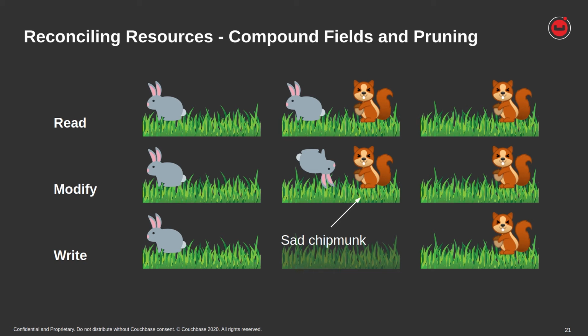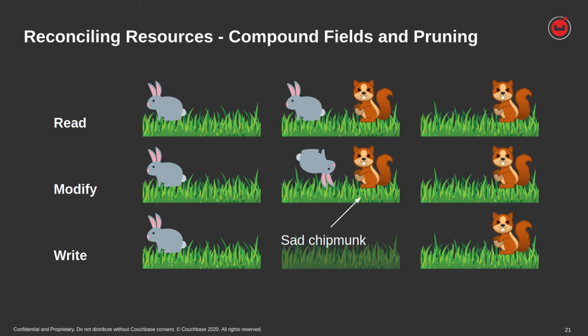What we'd spotted was, well, we used to have this annotation set, so let's delete it because it's not there anymore. And then when we were looking at the diff between the two views, we realized, well, the annotations map isn't required anymore, so let's delete that as well. However, as you can see in the diagram over here, there was a chipmunk there as well. Some other third party had set some stuff in those annotations, and we'd just gone and deleted the annotations completely.